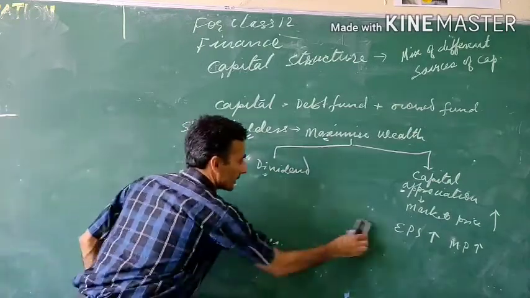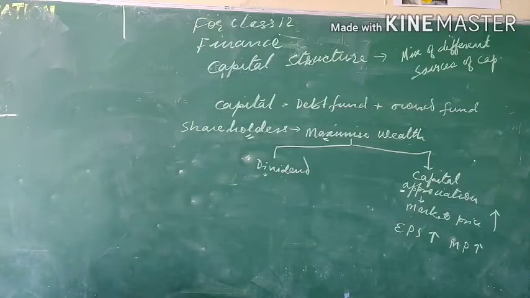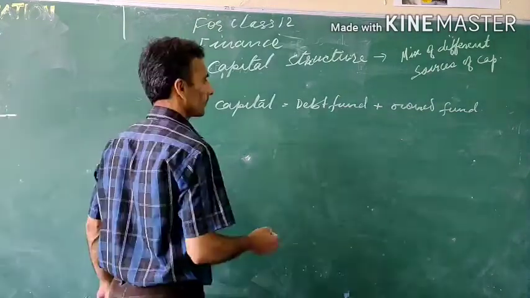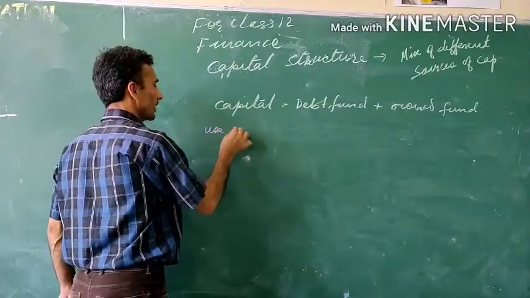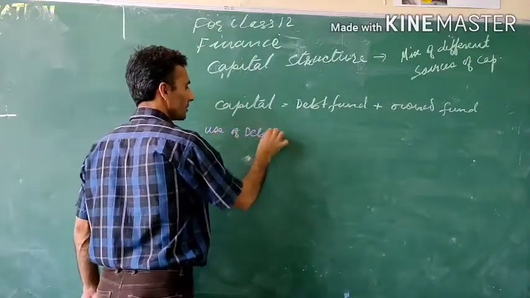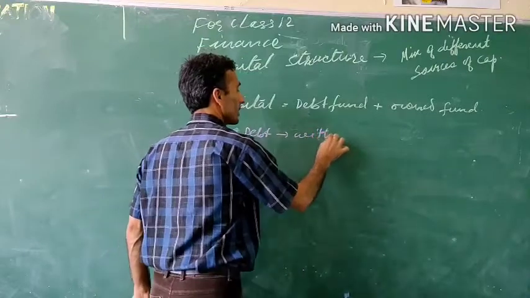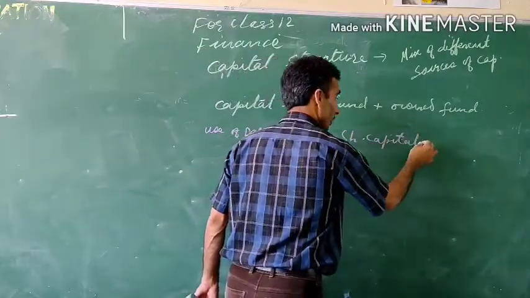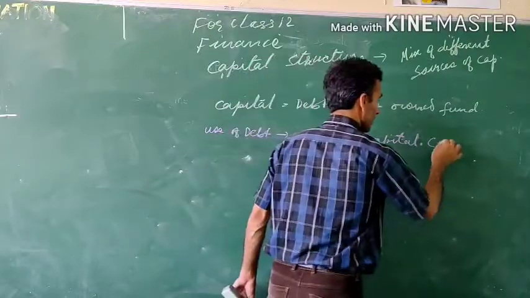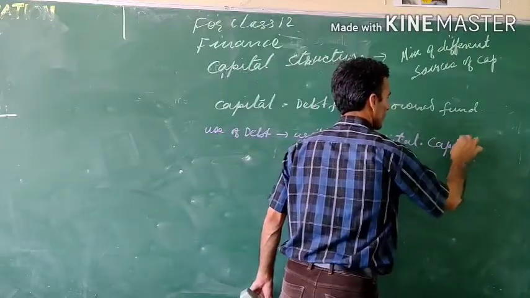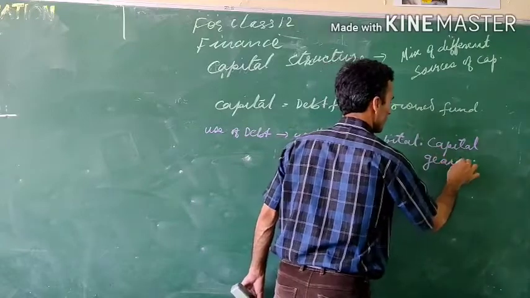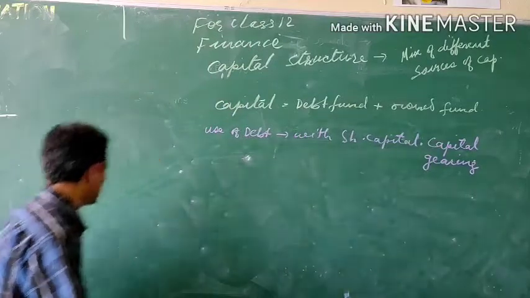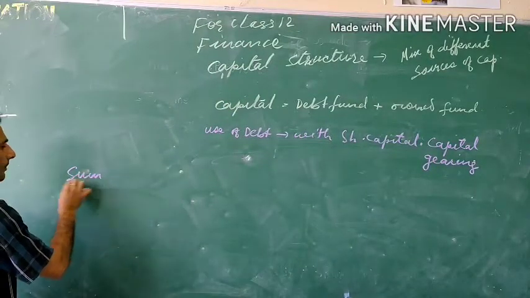Debts are used in the capital structure of a company in order to give more return to the equity shareholders. Now this use of debt with share capital is also known as capital gearing, right?